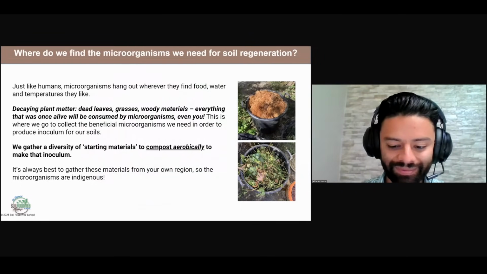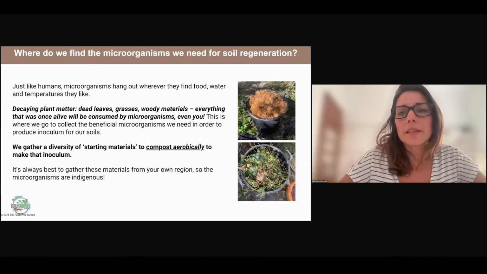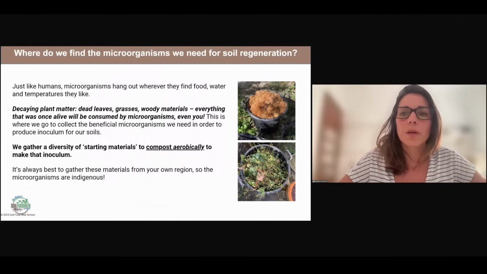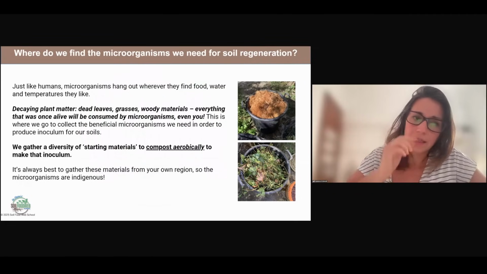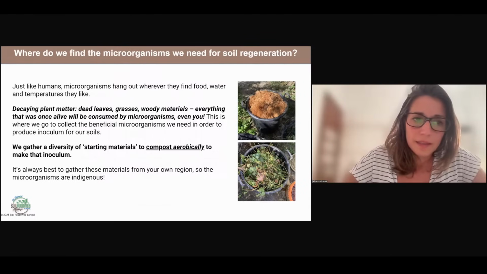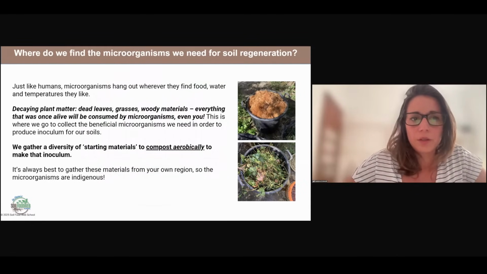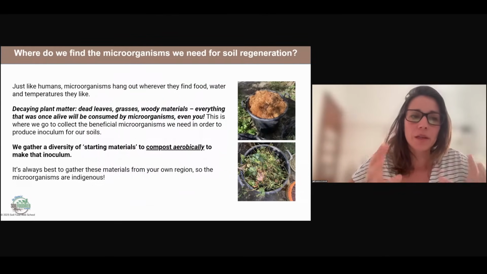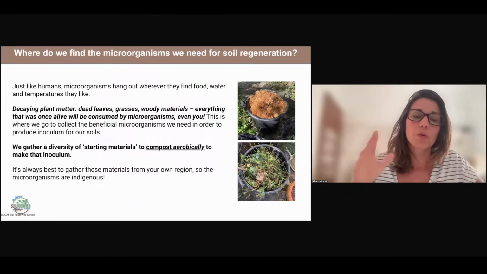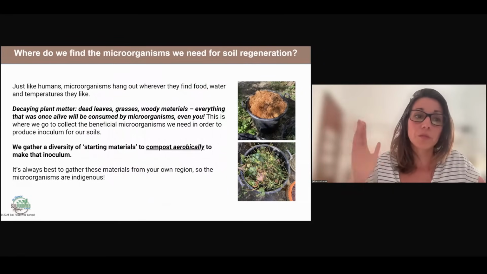Yes, Isa? Someone asked in the chat if compost, when done in the soil food web way, ever becomes anaerobic? And this is an interesting question because remember the microbes that Carla, sorry, was mentioning before. We're talking about a very holistic approach, a very complete soil food web, especially fungi.